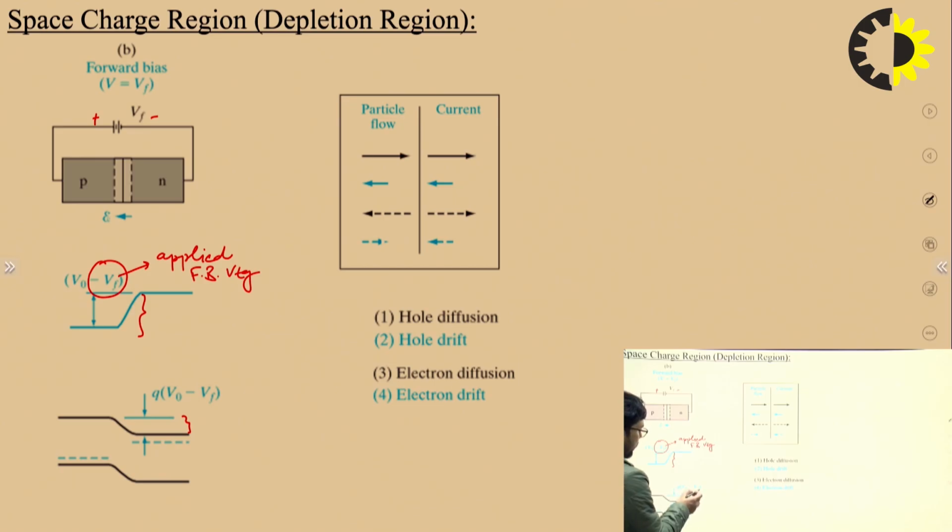So this is a work function or reduced barrier height. Why is it happening?